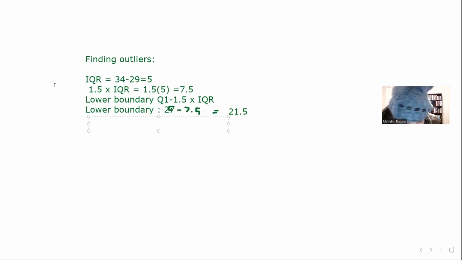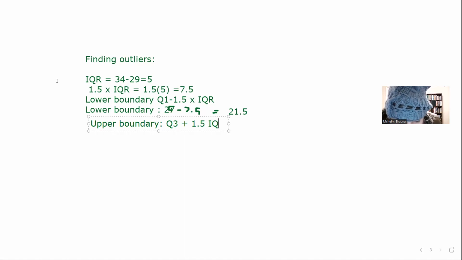Let me show you why. My upper boundary, which I accidentally gave you, is equal to my third quartile, which is 34, plus 1.5 times the IQR, okay?